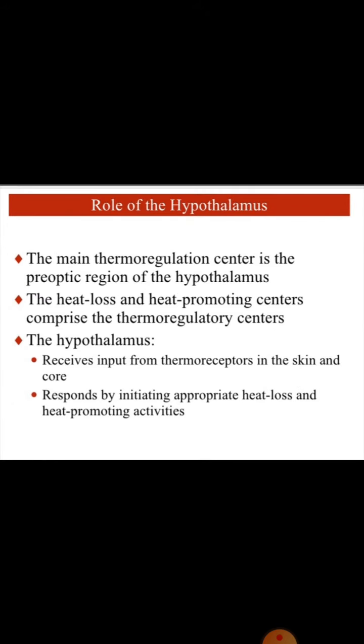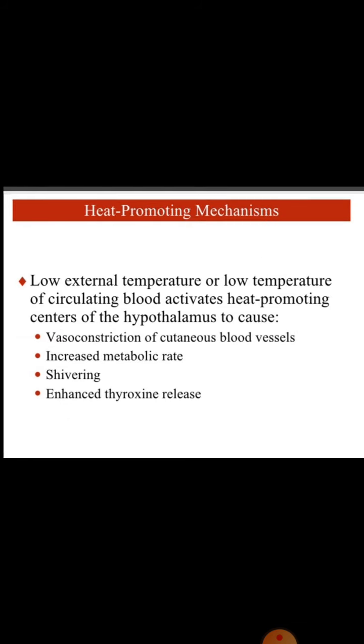Then the role of the hypothalamus. The hypothalamus is the part of the brain, and the main thermoregulation center is the preoptic region of the hypothalamus. The heat loss and heat promoting centers make up the thermoregulatory centers. The hypothalamus receives input from the thermoreceptors of the skin and the core and responds by initiating appropriate heat loss and heat promoting activities.